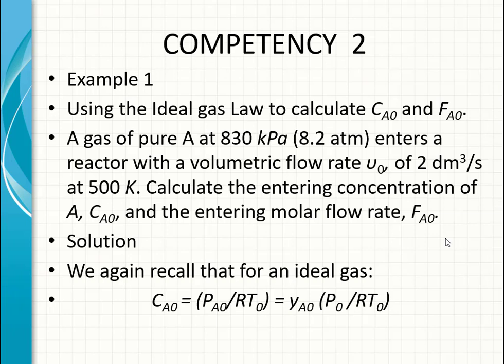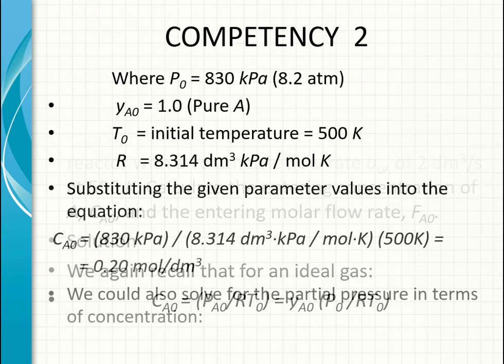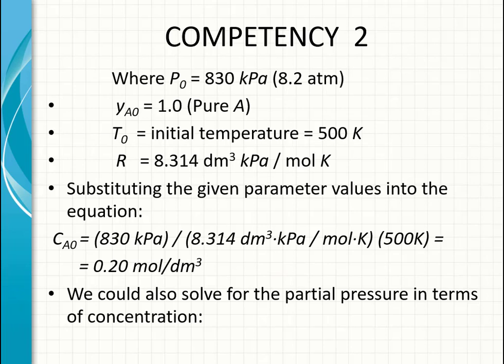Solution. We recall that for an ideal gas, CA0 is equal to PA0 divided by RT0, which is equal to yA0 times P0 divided by RT0, where P0 is the initial pressure at time t, which is 830 kilopascals. yA0 is the mole fraction and is equal to 1 because only A is entering the reactor, so pure A is inside the reactor, so the mole fraction is 1.